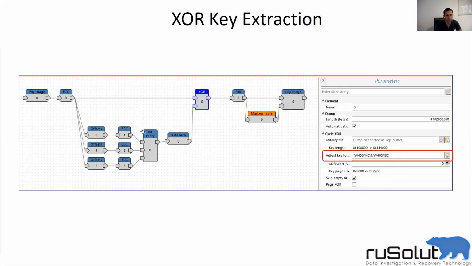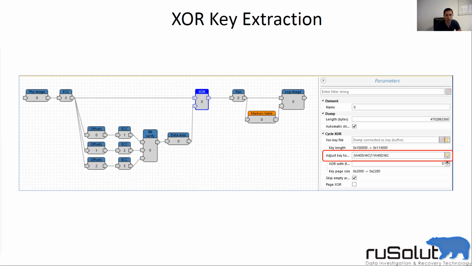And then we will need to remove the ECC areas and service areas from this XOR key, because you should understand that at this stage we extracted full blocks here, and we still have ECC for these blocks, service area, and so on. If we apply such a key to our dump, then the service area will be totally corrupted, because we would apply this service area to all other service areas, so it will be changed.